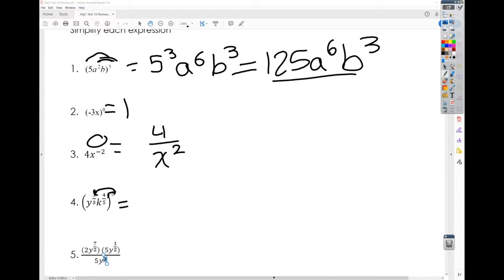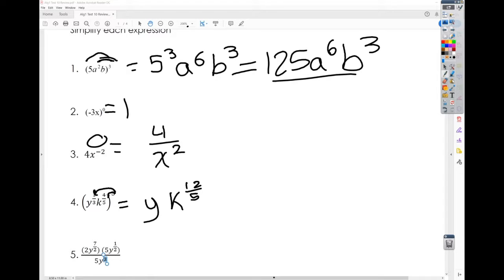Again, power of a power rule. You want to multiply those powers together. So 3 times 1/3 would be 1. So that would be y to the 1 power. And 4/5 times 3 is going to give us a k raised to 12 over 5 as the exponent there.